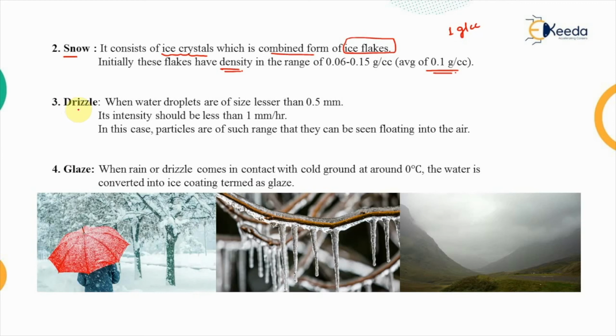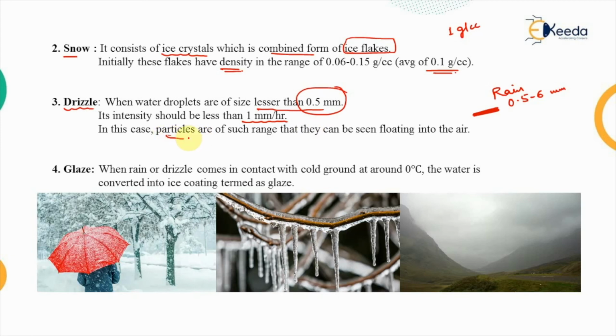Then the third form of precipitation is drizzle. This is when the water droplets are of size less than 0.5 millimeter, because we have classified rainfall as water droplets between 0.5 to 6 millimeters. So the space left below 0.5 millimeter is classified as drizzle. And the intensity of drizzle should be less than 1 millimeter per hour.